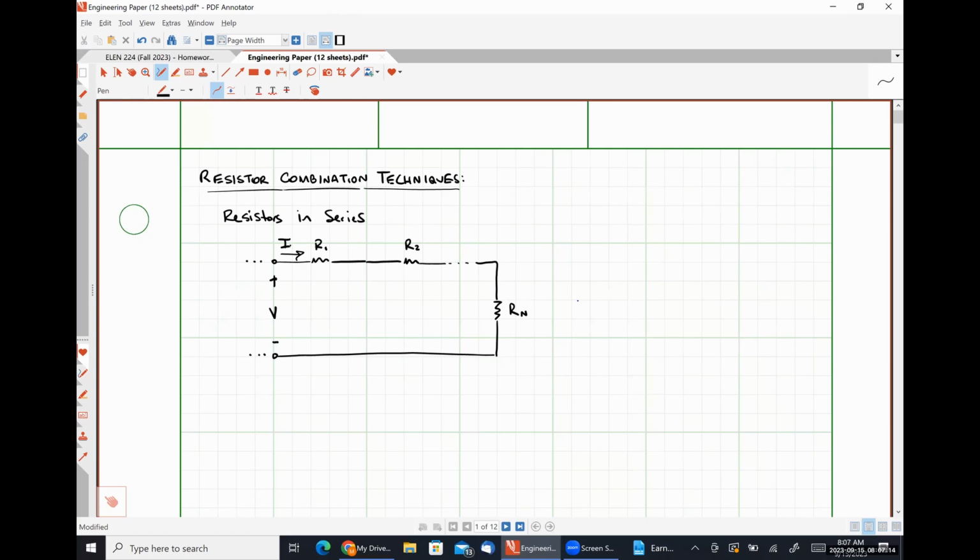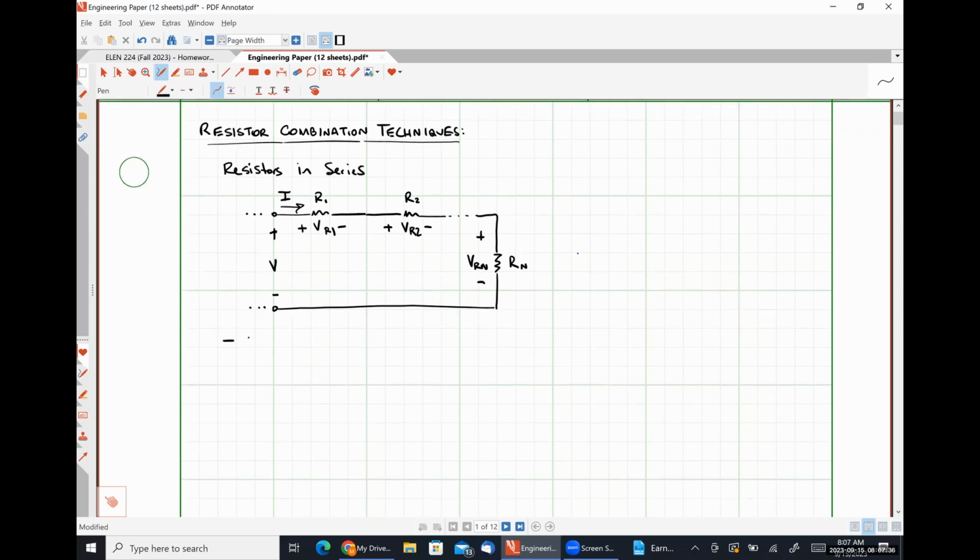Okay. So I'm going to define my voltage drops across individual resistors such that the current I is flowing into the positive polarity terminal of each resistor like so. And then I'm going to apply Kirchhoff's voltage law.